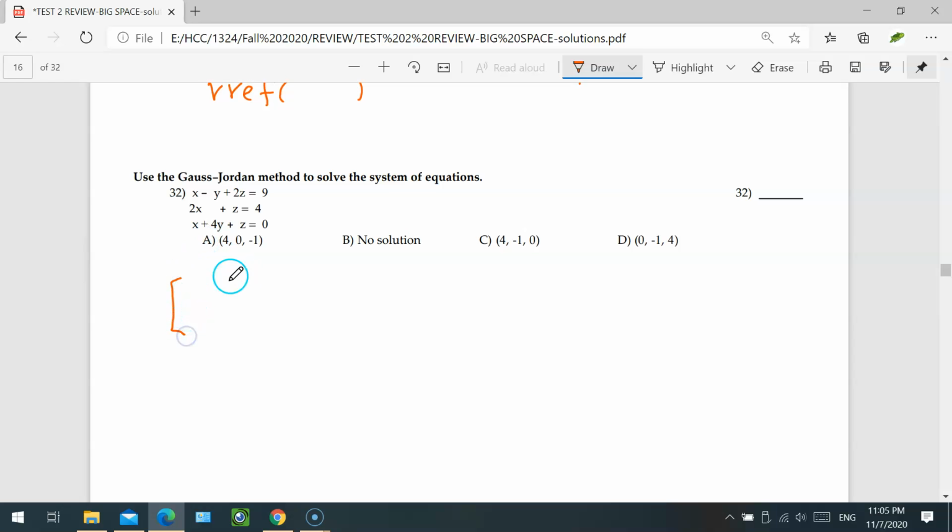So I'm going to create the 3 by 4. I write down 1, -1, 2, and 9, 2, 0, 1, and 4, 1, 4, 1, 0. So you create a 3 by 4 matrix.